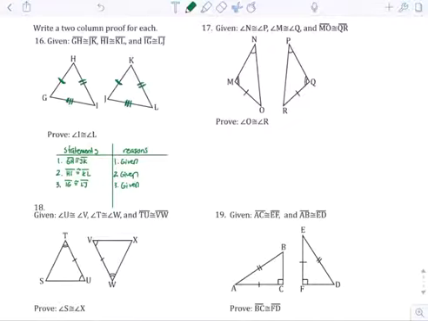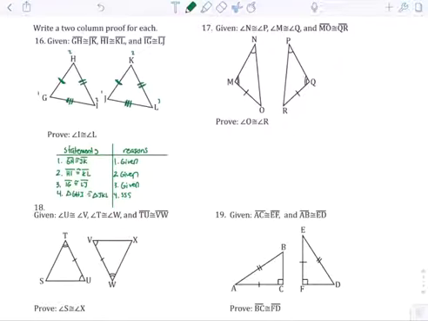So I see that we have side, side, side, which means we can write triangle GHI is congruent to triangle JKL.